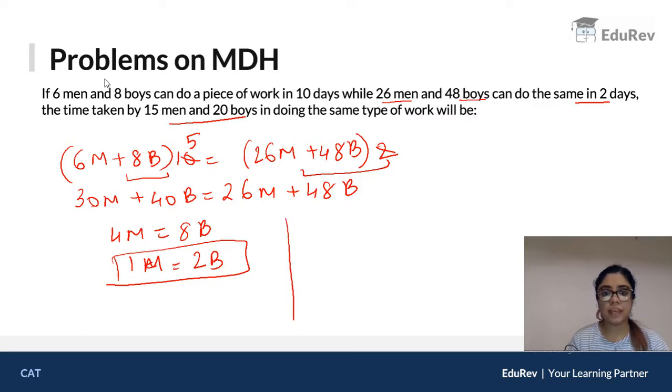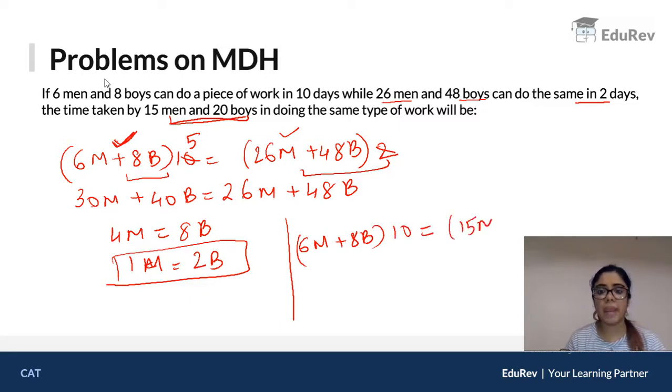Now they are saying what is the time taken by 15 men and 20 boys to do the same work. Now you can pick any of these two categories. Suppose I pick the first category, because we have to equate MDH to MDH. So that means we know 6 men and 8 boys take 10 days, which is equal to 15 men and 20 boys taking how many days?